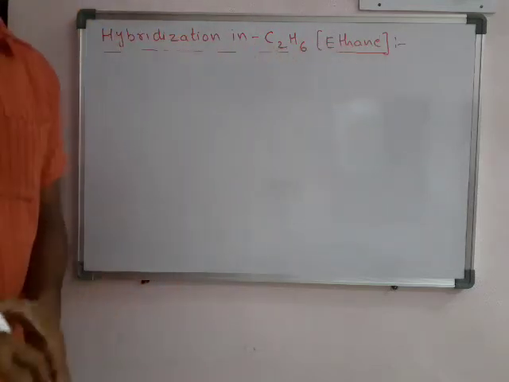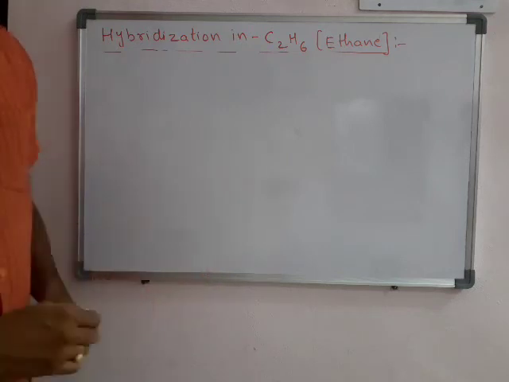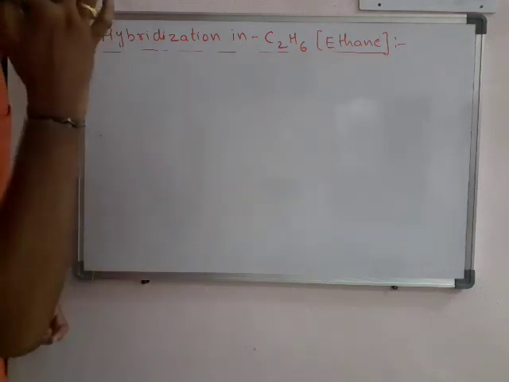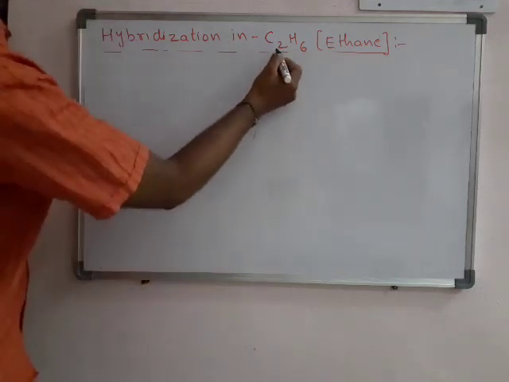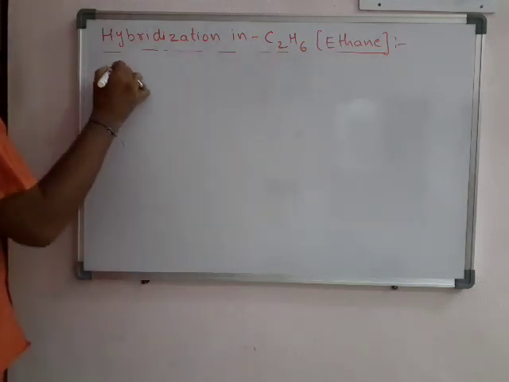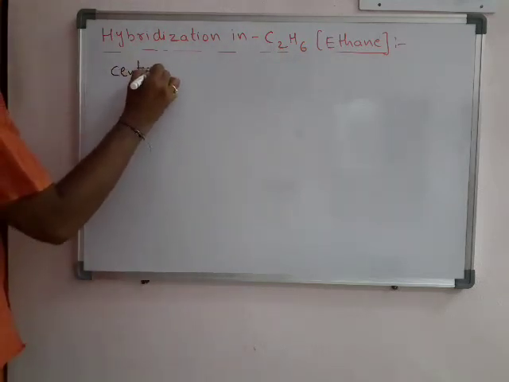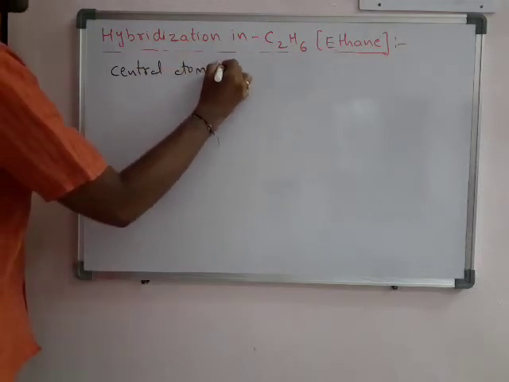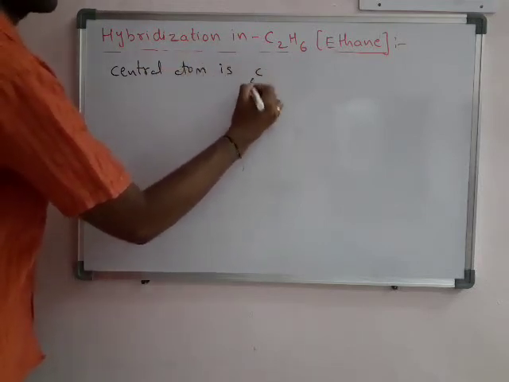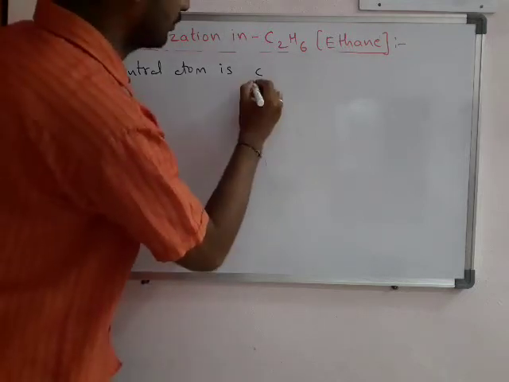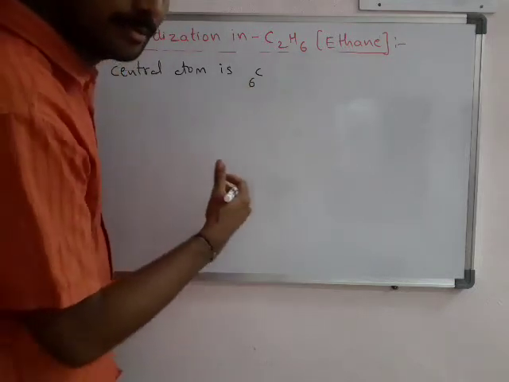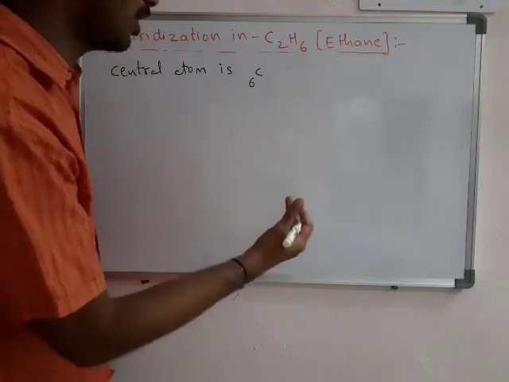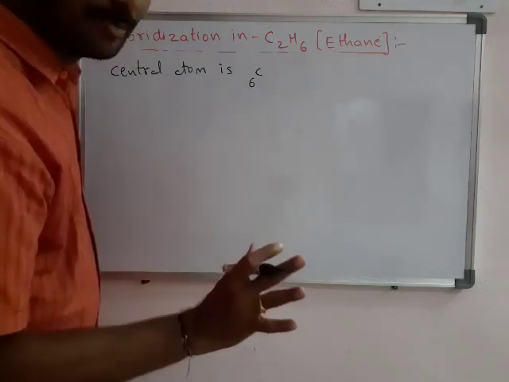What is the central atom? Here two central atoms are present. That is the only difference compared to the other examples. The central atom is carbon. So we give the explanation for only one carbon. The second carbon also has the same type of explanation.